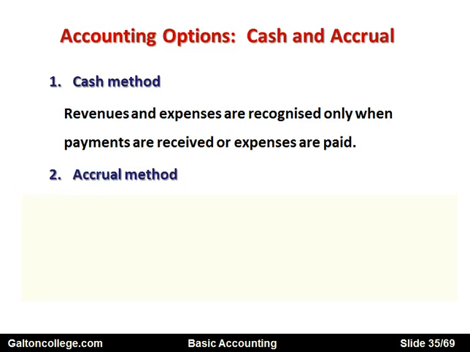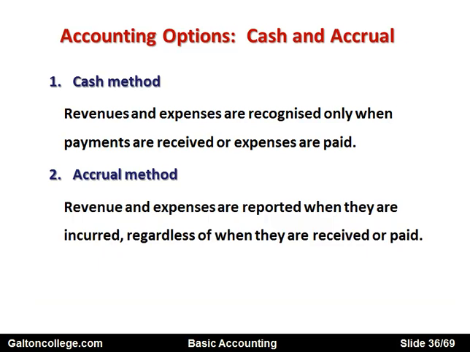Now that contrasts with the accrual method. Revenues and expenses are reported when they are incurred, regardless of when they are received or paid. So with the accrual method, whenever a sale is made, even though the money has not arrived in the bank, the sale has been made today, so it would be entered as a sale at this moment.